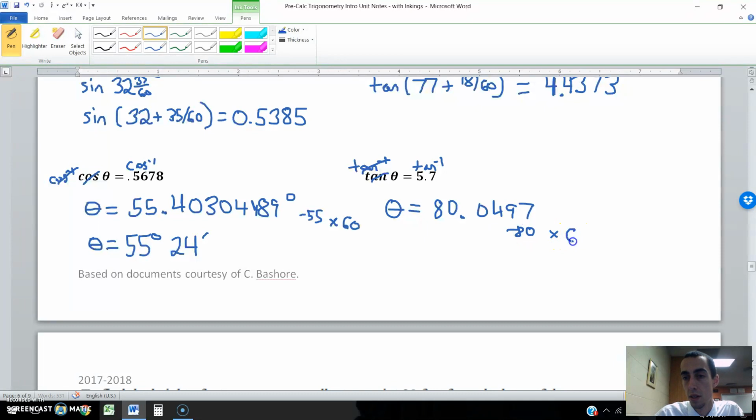Subtract 80, multiply it by 60, and we'll be left with theta equals, yikes. I apologize for this. The old computer's just working a little slowly. It's not quite catching up. We have 80 degrees, and rounded to the nearest minute, 3 minutes.